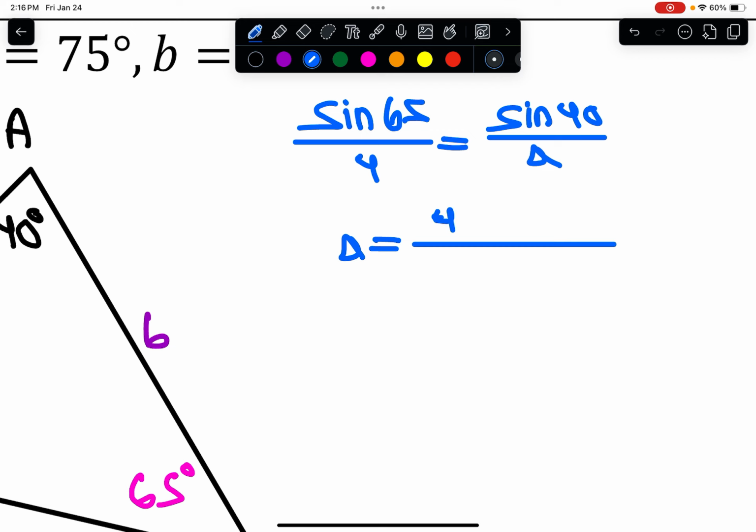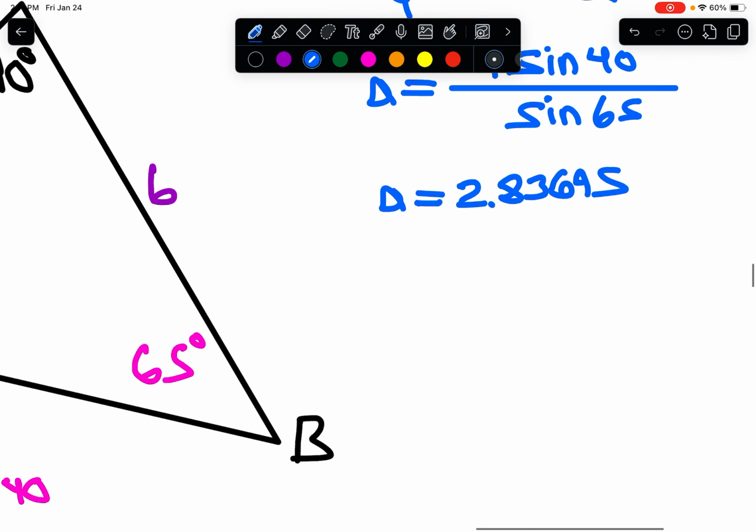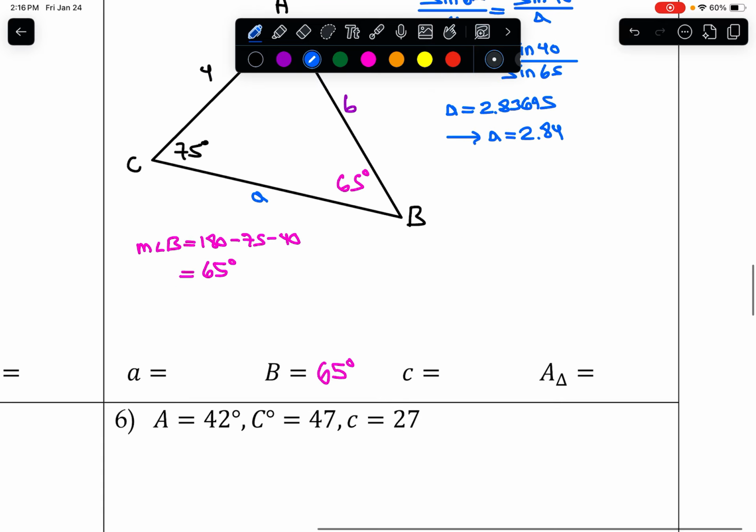So this is going to be 4 sine 40 over sine 65, which is going to give me 2.83695. When you round, I'm just going to want 2.84 for the A value.